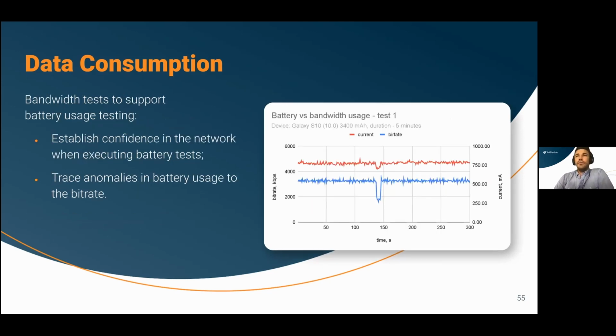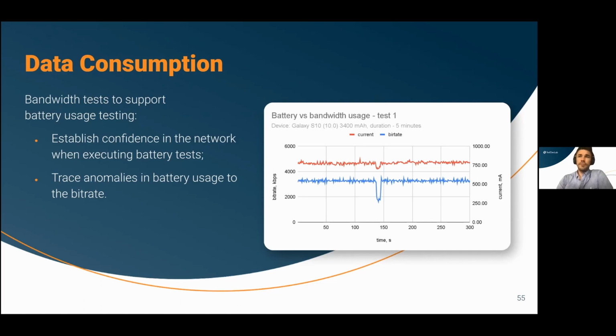Also, when we go to combinations of tests, here you can see, for instance, that battery consumption can be combined with bitrate, network measurement. And we can see in combination when a problem happens with the network or with the stream, how it impacts the actual device power consumption.